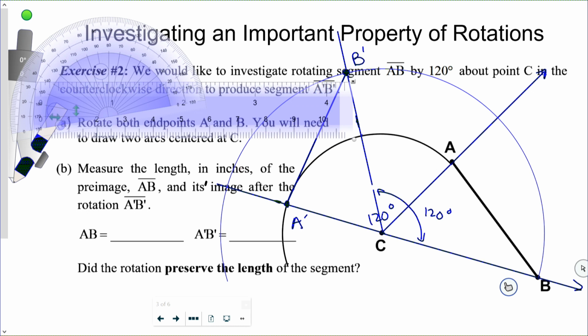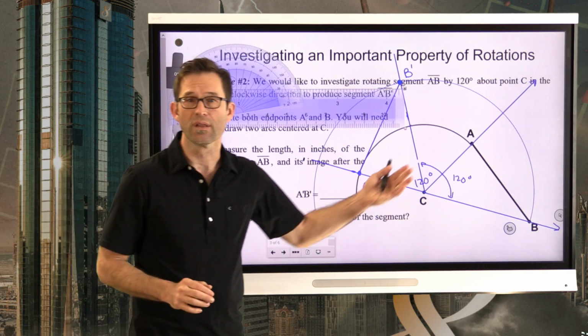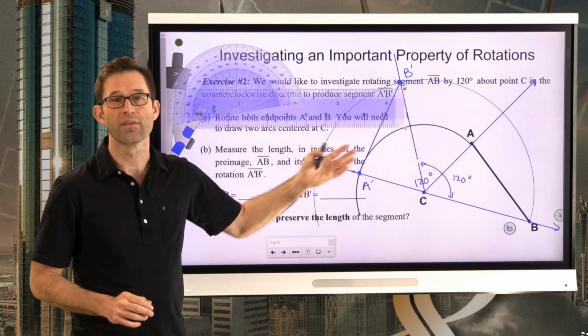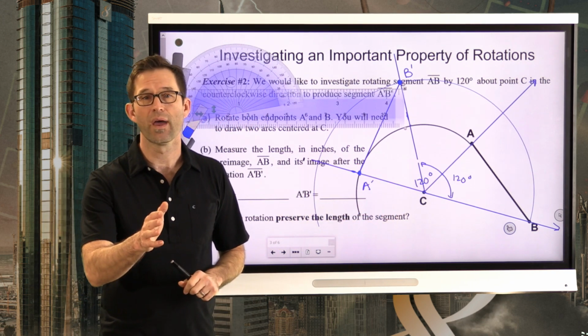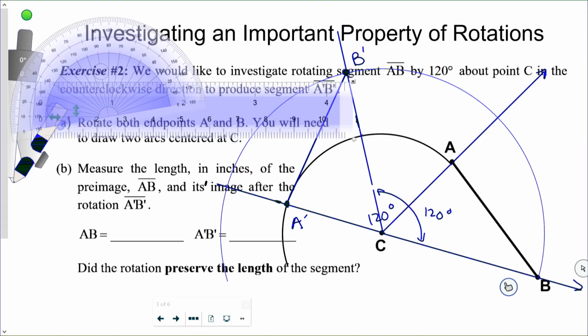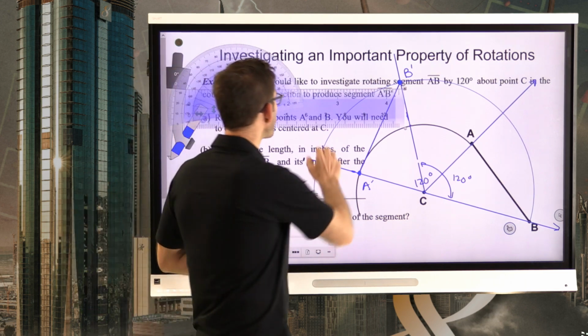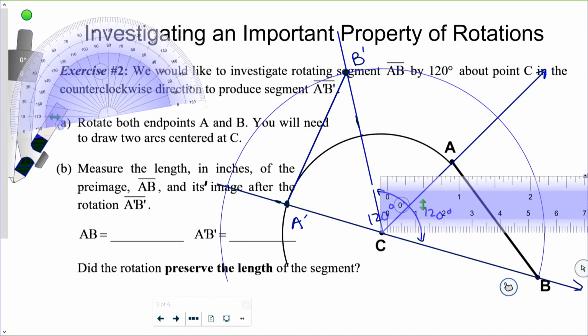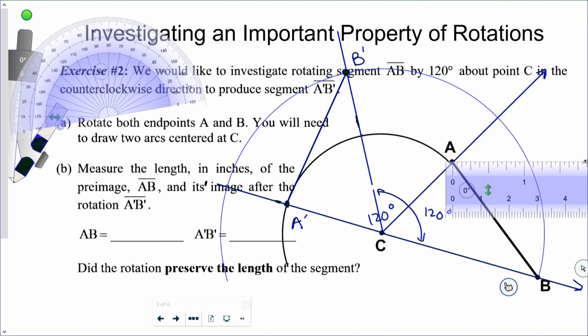Let's take a look. Measure the length in inches of the pre-image AB and its image after the rotation A prime, B prime. All right, so all I want to know is the length of AB and the length of A prime, B prime. Pause the video now and figure those out in terms of inches. All right, well, let's take a look really quick. No big deal, bring my ruler over here.